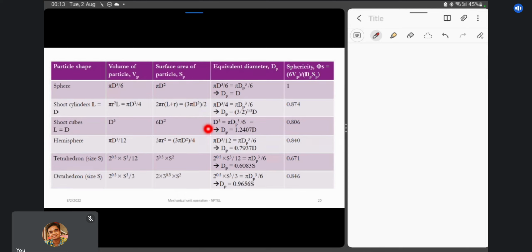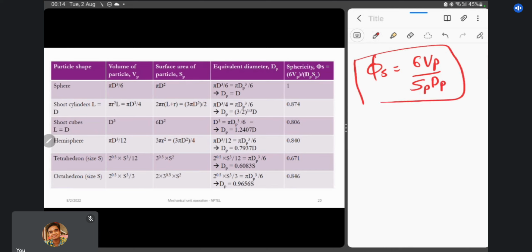So the diameter and all these values we need to put into the equation of the sphericity. Again, you can directly remember this equation also, 6V by SpDp. It's very easy to understand, not much difficult.